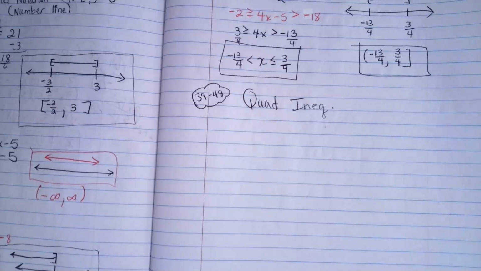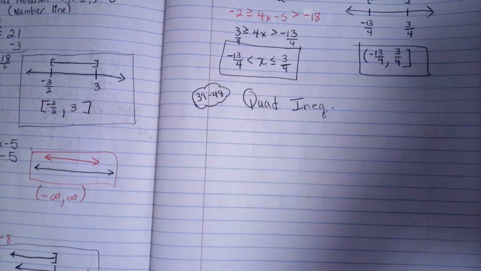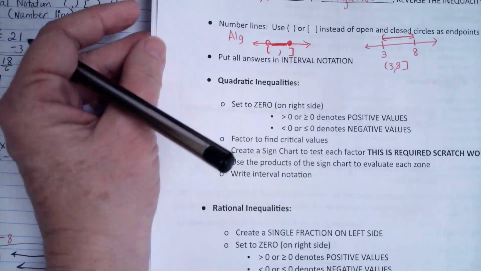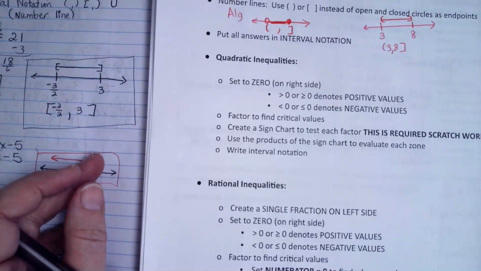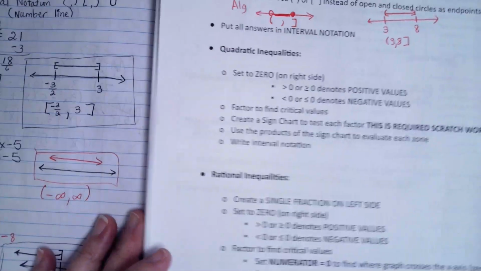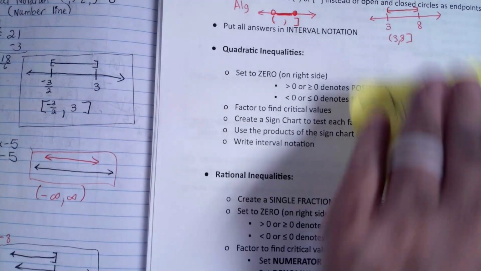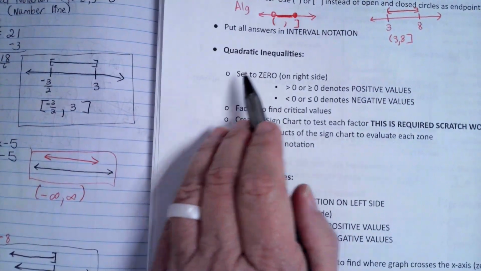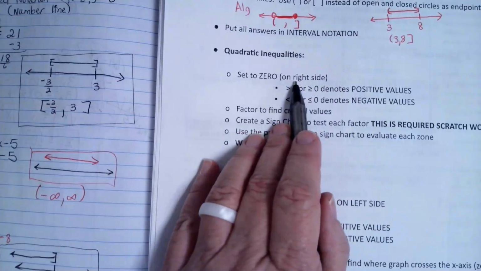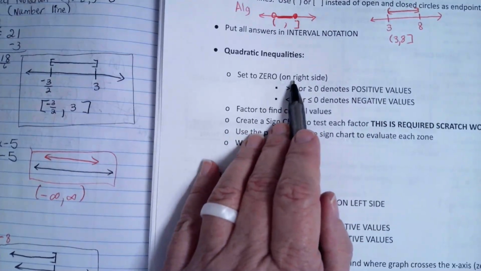So I have a whole little list of to-dos for quadratic inequalities, which we might have time to glance at before that bell rings, and then we'll glance at it again on Monday. So, ways to set it up. Set it to 0. Make sure the 0 is on the right side, which you like to do naturally anyway, right?